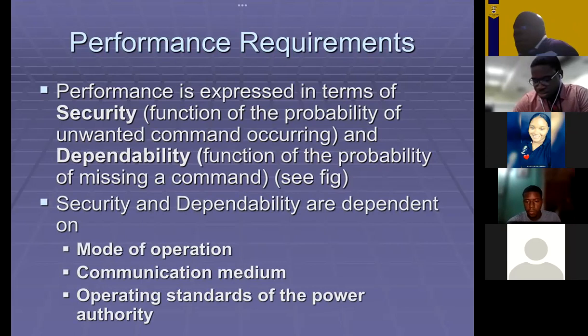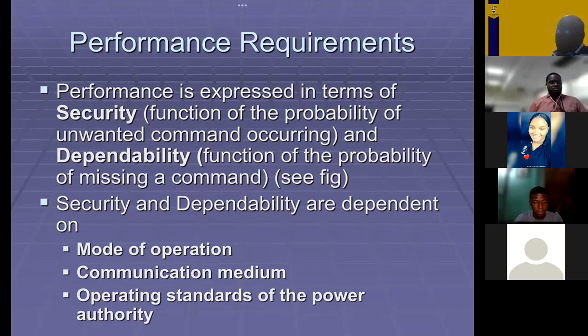All right? And we look at a figure next, which will hopefully give us a better feel for what we're talking about in terms of security and dependability and how they relate to the different schemes.